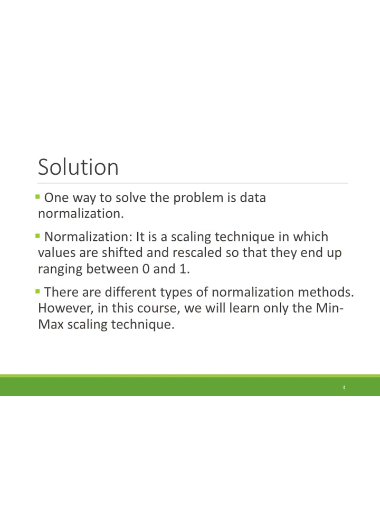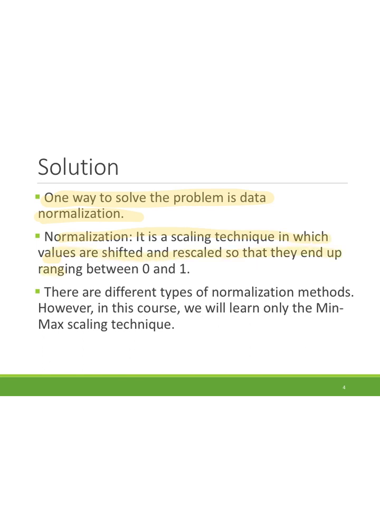Now, is there any solution? Yes, there are different ways to solve this problem. One way to solve this problem is data normalization, and we're going to learn how to normalize the data. First of all, what is normalization? Normalization is a scaling technique in which values are shifted and rescaled so that they end up ranging between 0 and 1.